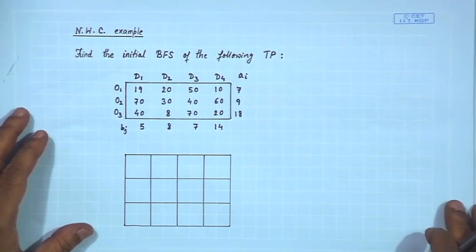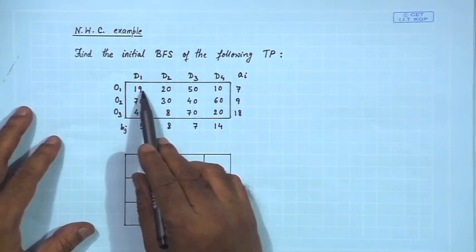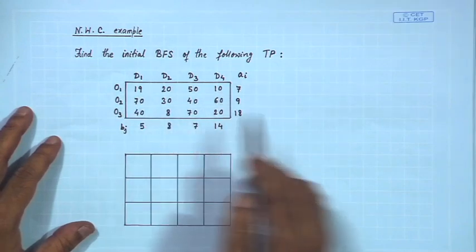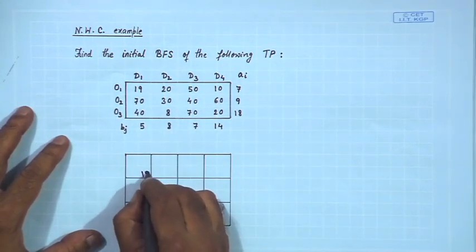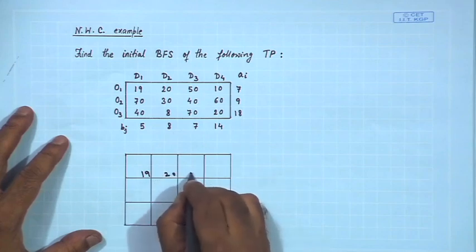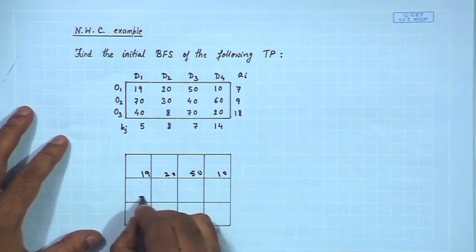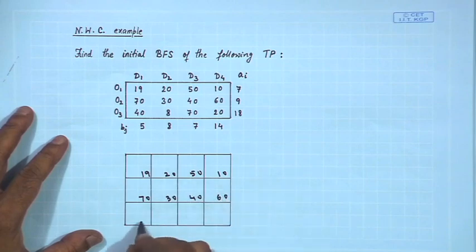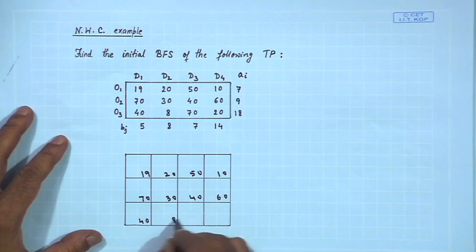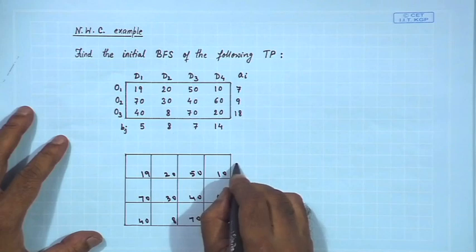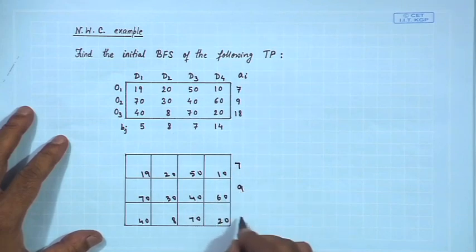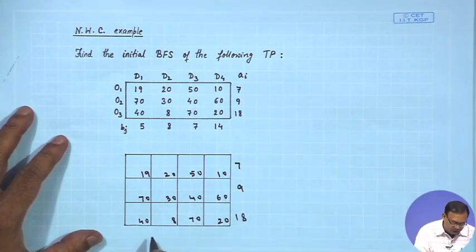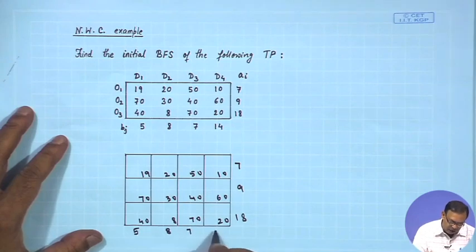Suppose you have a problem like this, it is given over here. So, I am just writing here 19, 20, 50, 10. You will write like this 70, 30, 40, 60, 48, 70 and 20. Here availabilities are given, 5, 8, 7 and 14.